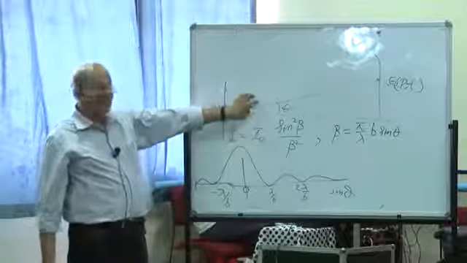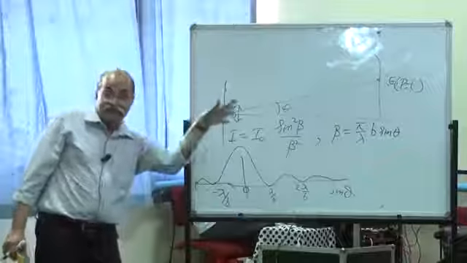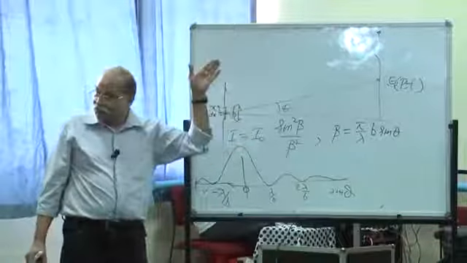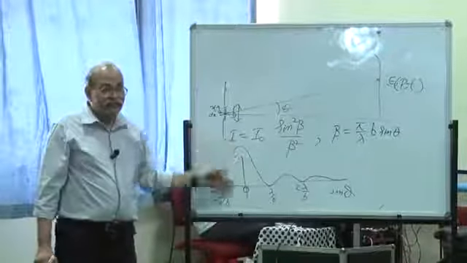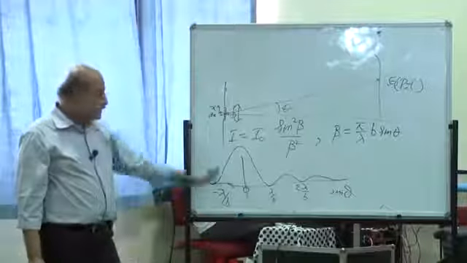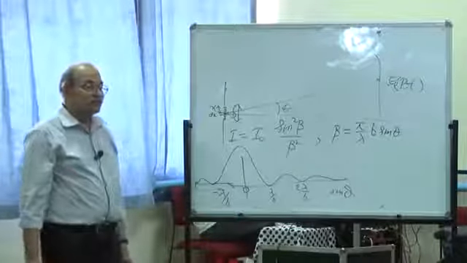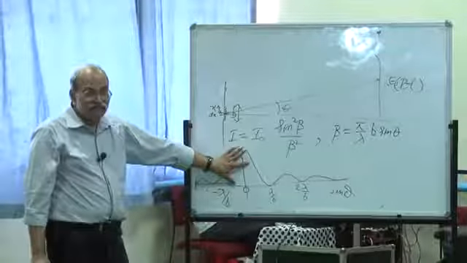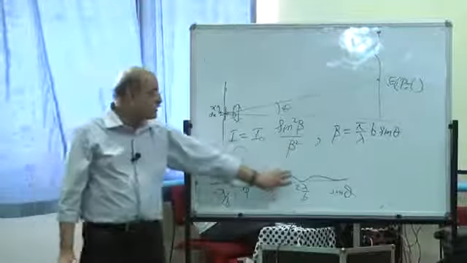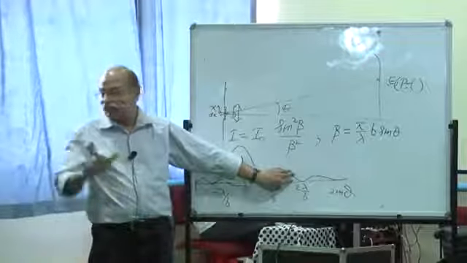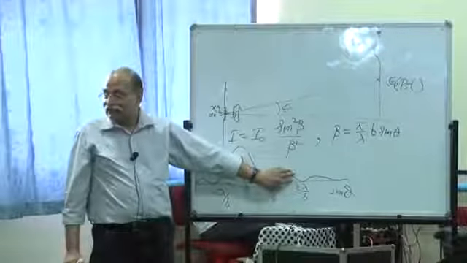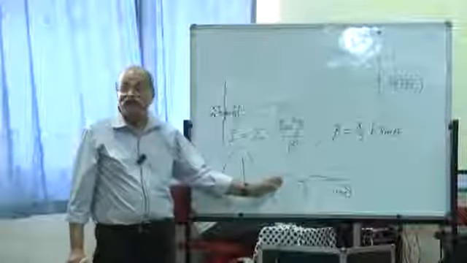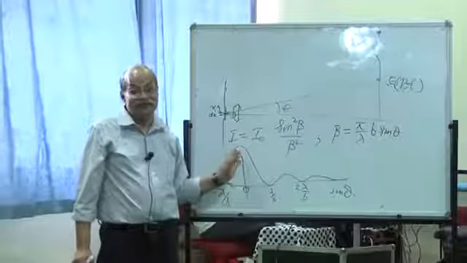Once I know that I have to integrate, the physics is done, and after doing the integration and this plotting business, you get this type of pattern. So the central maximum is very intense, and after that it is very weak. Actually the first one is 5% of the central one.